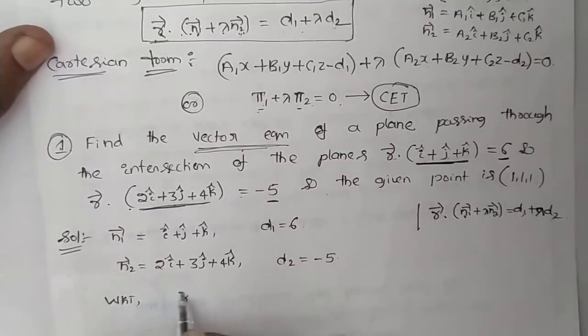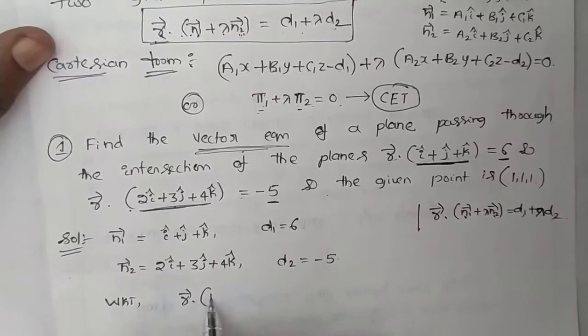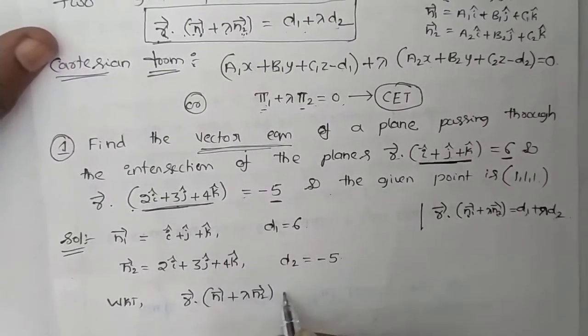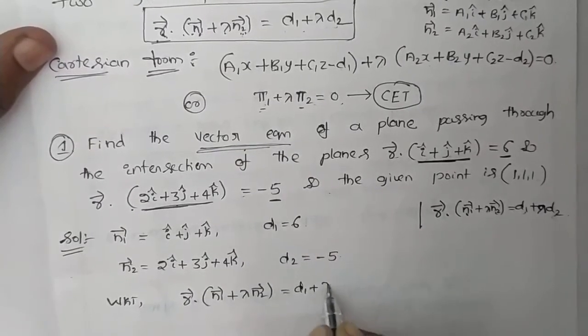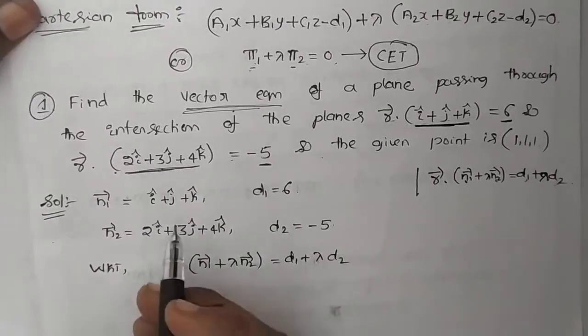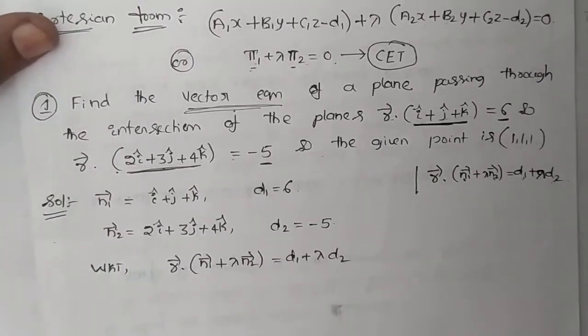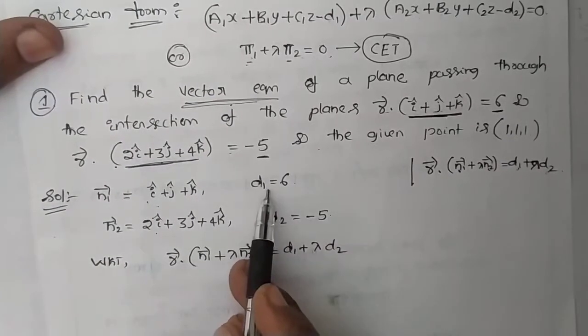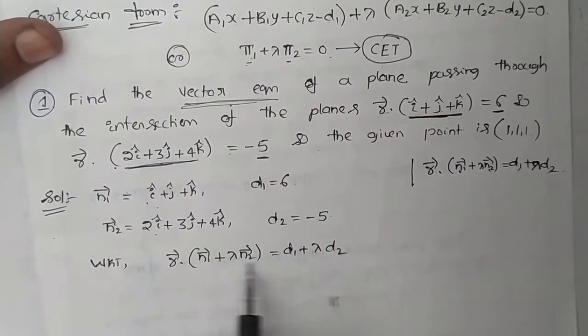We know that r dot n1 vector plus lambda times n2 vector equals d1 plus lambda times d2. Now you just substitute the vectors n1 and n2 along with d1 and d2 in this vector form.